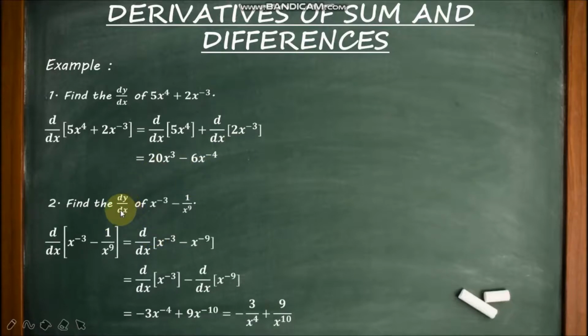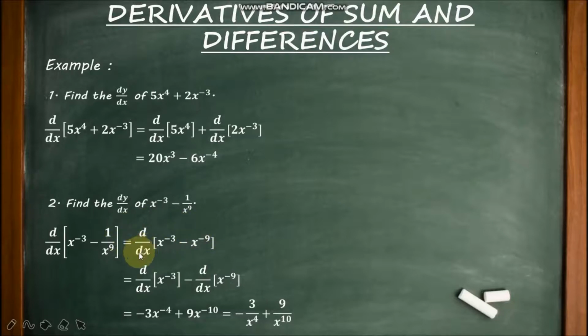Next, dy dx of x to the power of negative 3 minus 1 over x to the power of 9. So we need to put the equation into d dx. Then after this, we bring the x to the power of 9 to become the numerator, then it will become x to the power of negative 9.